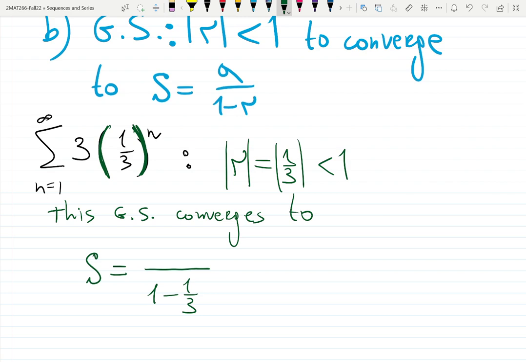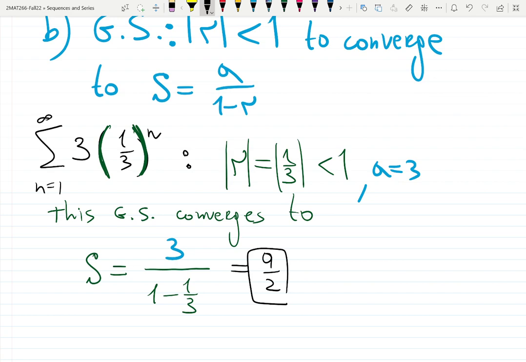Let's see if it's from 0 or 1. From 1. What do you think is my a? 3. Right? Let's write it down. a is 3. Calculate the final answer. I have it here, 9 over 2. It converges to 9/2.